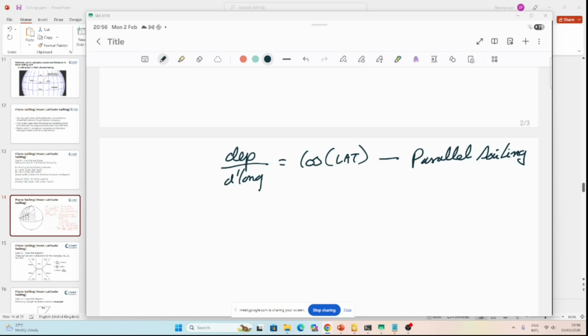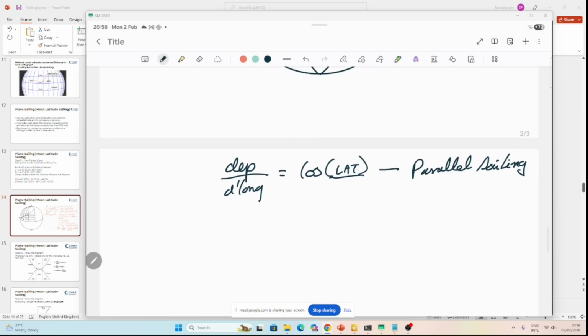So now in this case, since we are using latitude, which latitude are you going to use, A or B, to find the departure? You can see now you cannot use A latitude or B latitude. Instead, as I explained earlier, we are going to use the mean latitude.